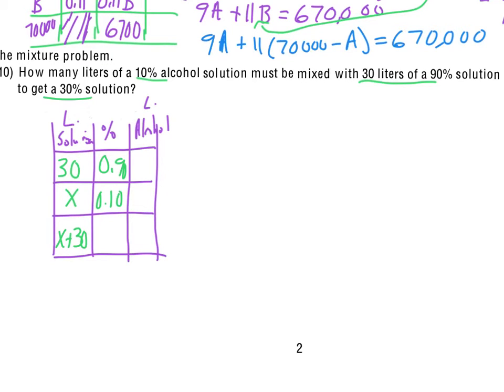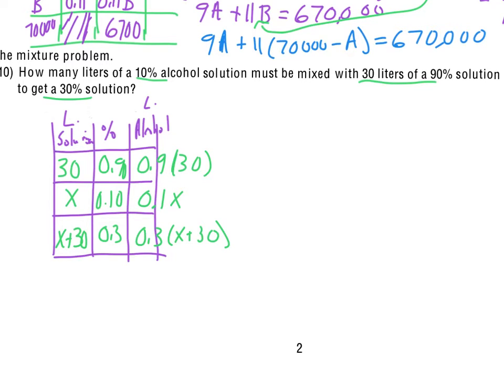Our goal is to get a 30% solution. So actual alcohol, I should give myself more room here, 0.9 times 30, 0.10 times x, and 0.3 times (x plus 30). So it's similar but a little bit different than our investment problem.